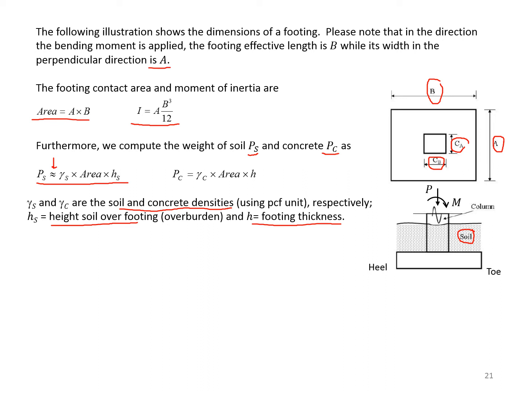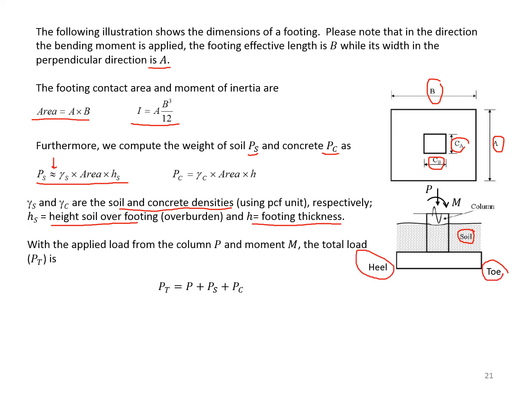Also notice that when we apply the load as shown in here, the bending moment, this is called the toe and this is called the heel. With the applied load from the column being P and the moment M, the total load is P plus PS plus PC.